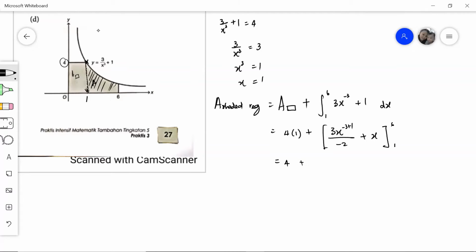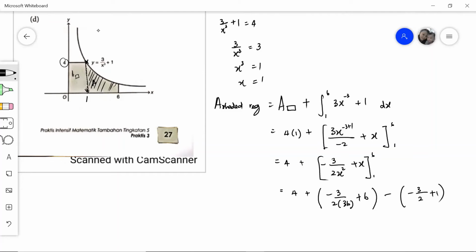And over here, let's rewrite: negative 3 over 2 x to the power of 2 plus x. And then we put the 1 and 6 in. 4 plus, over here we have negative 3 over 2 times 6 squared, 36, plus 6, then minus, put the 1 in, negative 3 over 2, and then plus 1.